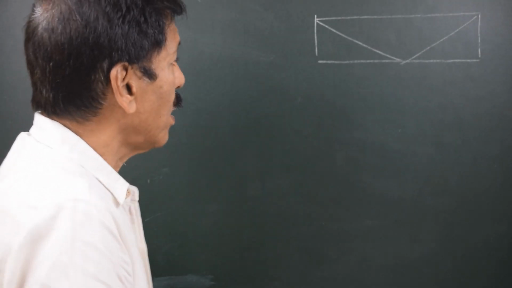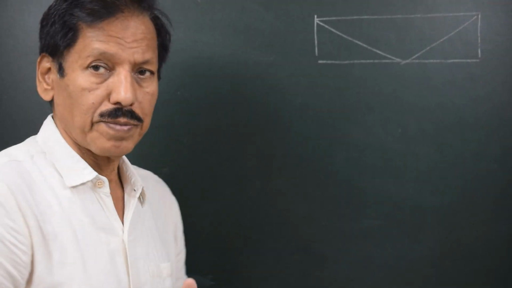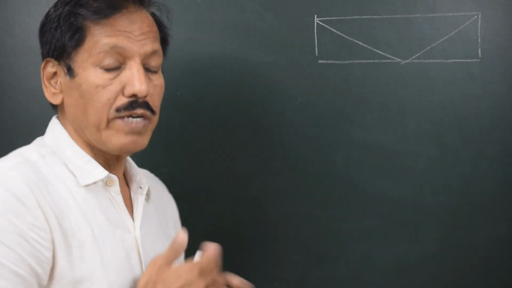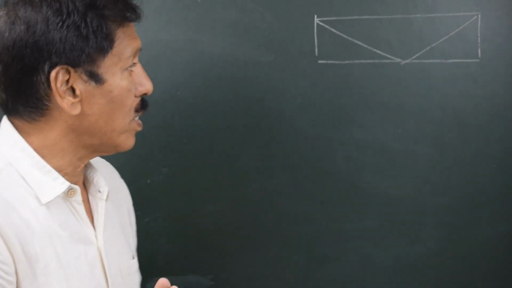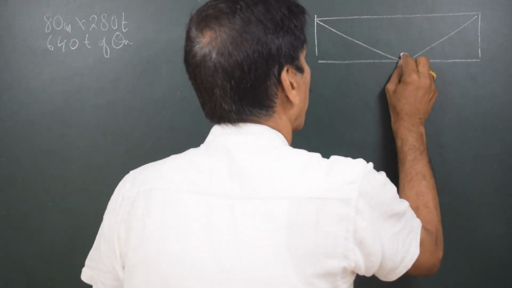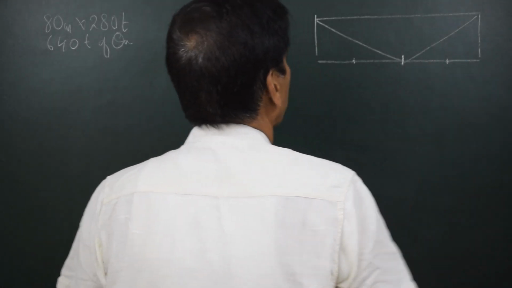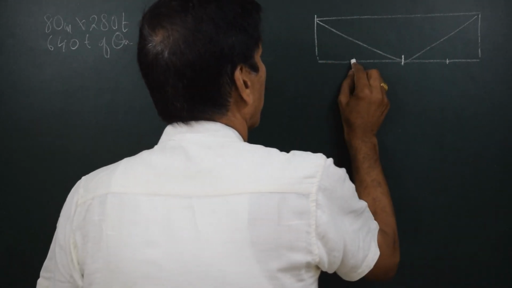Now the thing is, how do we find out what is the load acting at different points? Because this cargo is not evenly loaded. This cargo has different height at different points. We can call this point midships. This is the quarter length point and this is the other quarter length point.